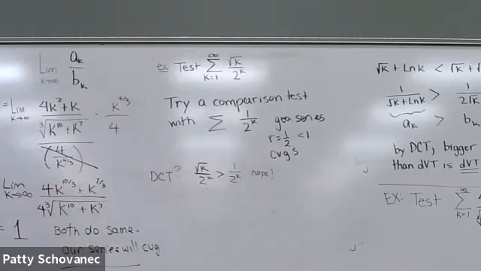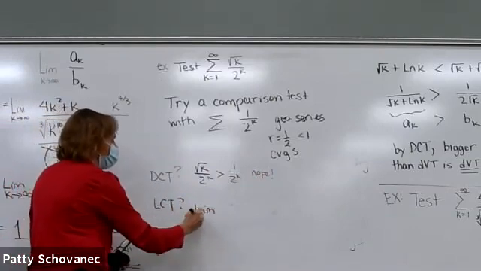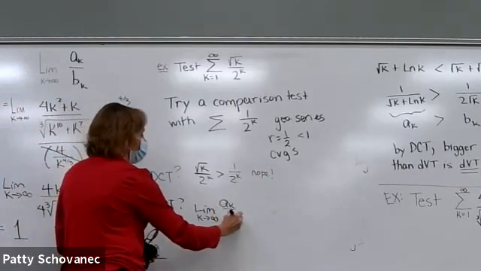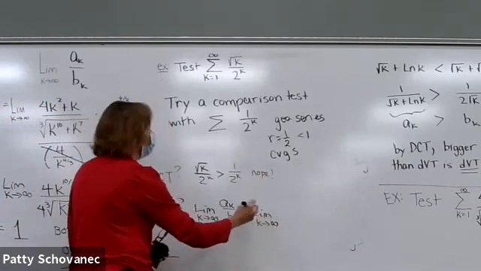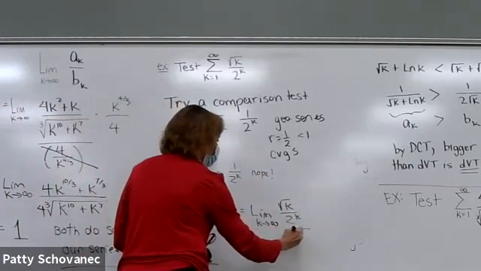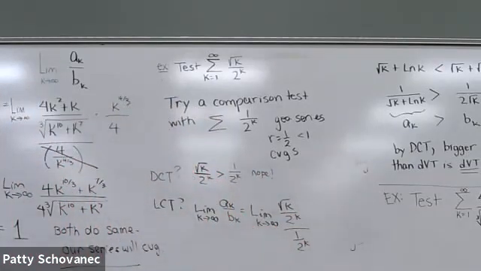What about the limit comparison test? What happens if I take my AKs over my BKs? What's that limit going to do? It's going to have the limit of the square root of k, right?